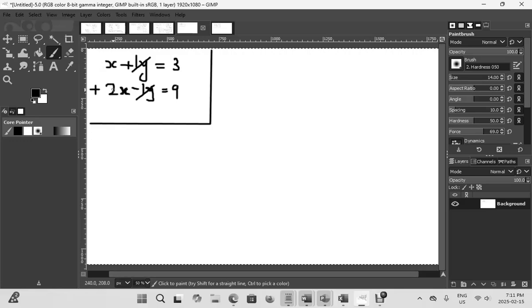So x plus 2x will become 3x, and 3 plus 9 will become 12, which basically means that your x will be 4, because 3 goes into 12 four times. Now you sub in 4 into one of these equations.